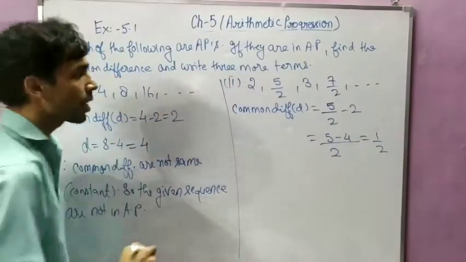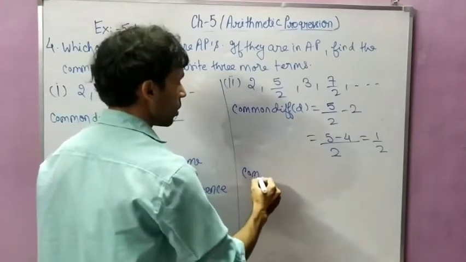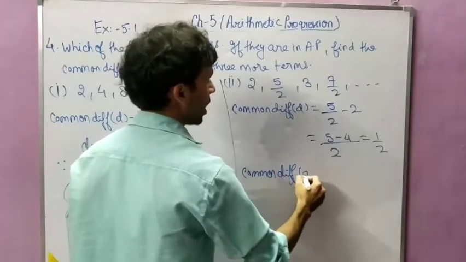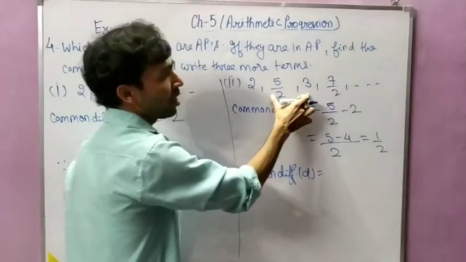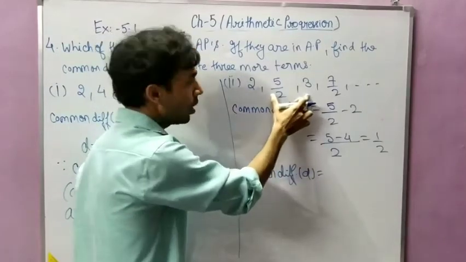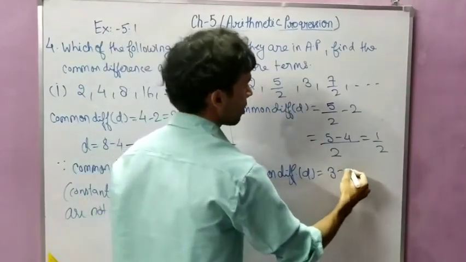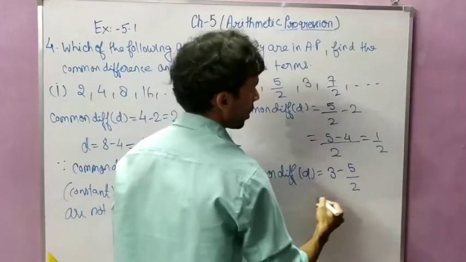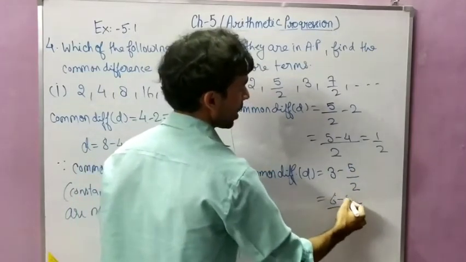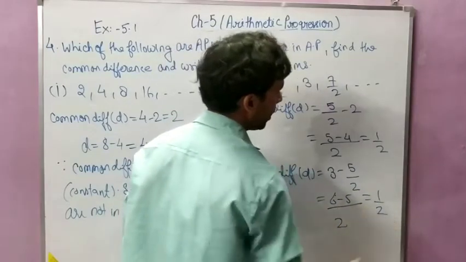Now one more time I can calculate the common difference, that is D. First I took these two terms; in the second case I will take these two terms. So 3 minus 5 by 2. Now take the LCM, so it will be 6 minus 5, and again it is 1 by 2.